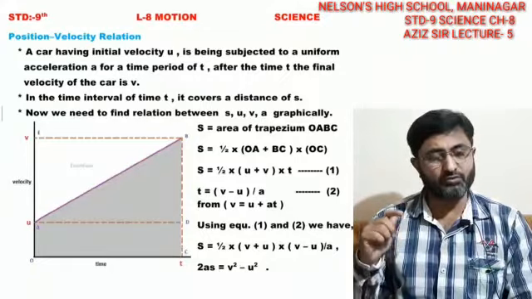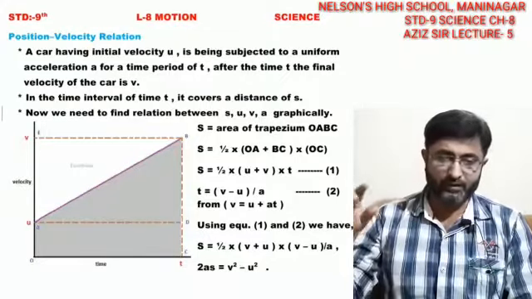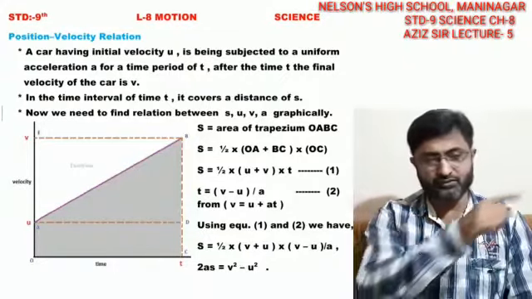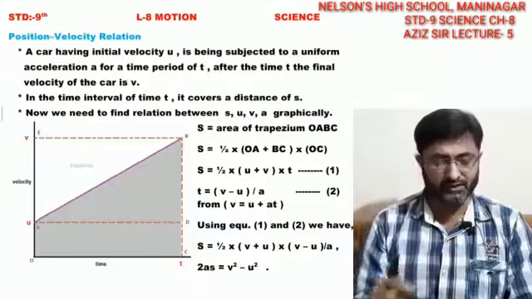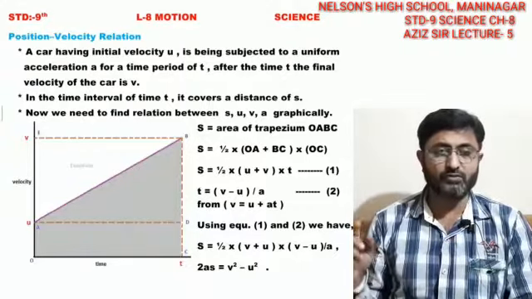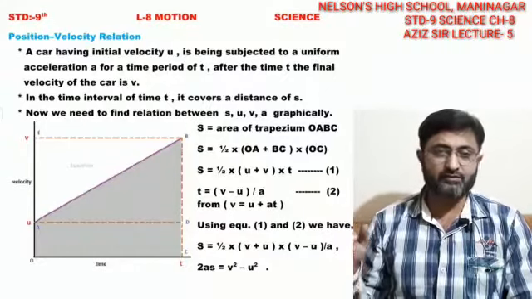Here it comes out to be V square minus U square, and taking the 1 by 2 as 2 on this side and A also on this side, we get the equation 2AS is equal to V square minus U square.